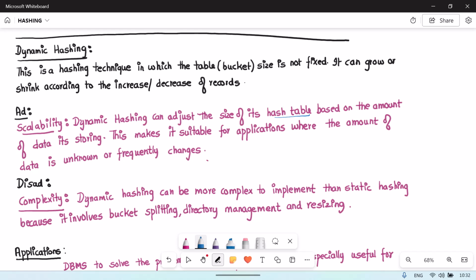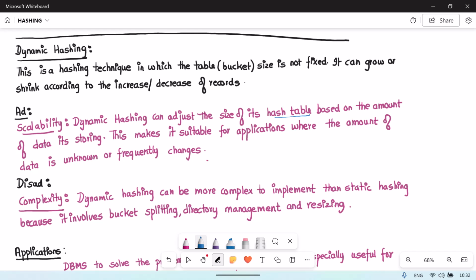When you don't know the exact size of the data, or the data keeps coming, or sometimes data is deleted frequently, you might not need such a big hash table, or you might have to increase the size of the existing hash table. So scalability is one of the advantages of dynamic hashing.